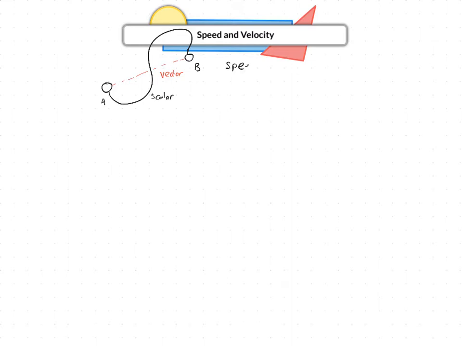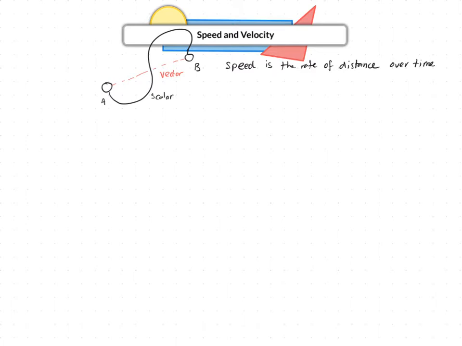So speed is the rate of distance covered over time, which sounds really complicated, but it's actually fairly easy to understand. Speed is the rate of distance over time.